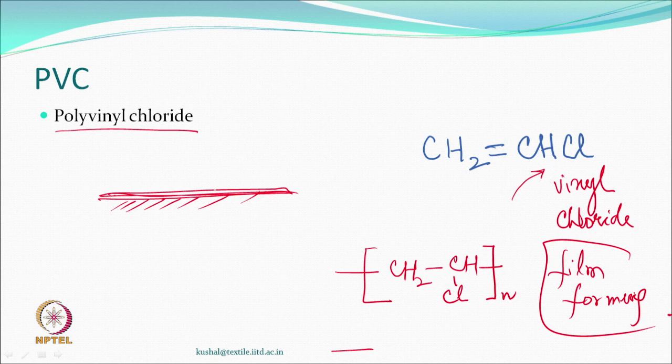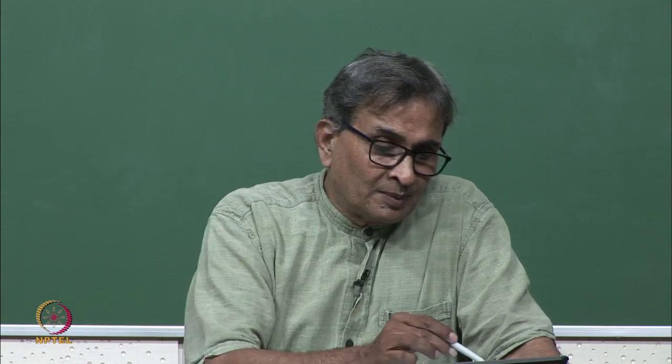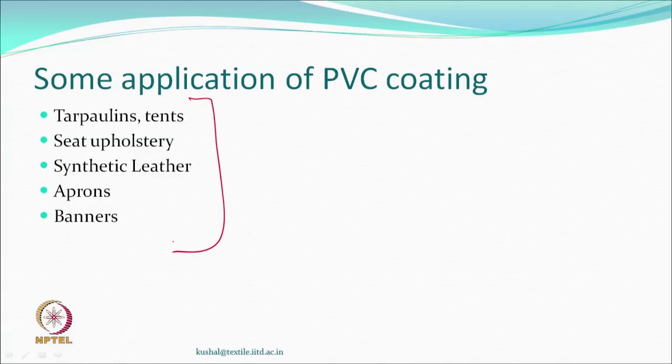By itself it may not be as soft as, let us say, rubbers, but by adding plasticizers or other things we can make it softer. By itself the glass transition temperature is not that low. It has applications almost everywhere.